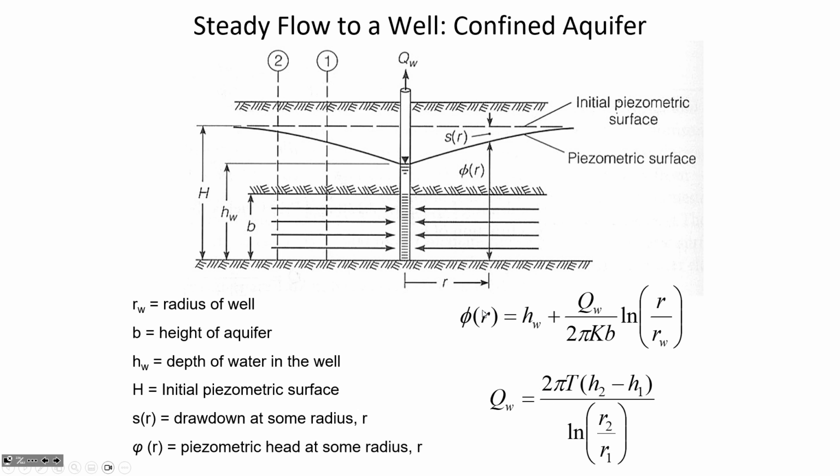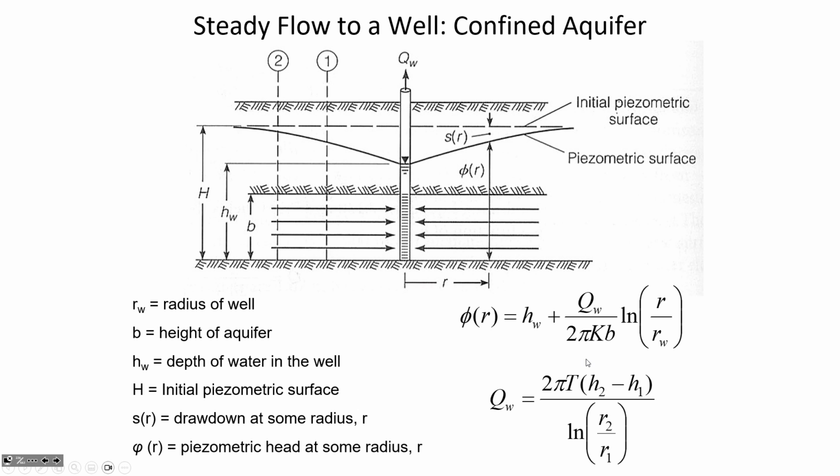Now this equation above it is the same formula. These are the same equation. It's just that this top equation is saying, what if location 1 is the radius of the well? So R sub W is saying, instead of having location 1 being some distance away from the well, let's just substitute in the well radius there. And then H sub W is the height of the water inside of the well.